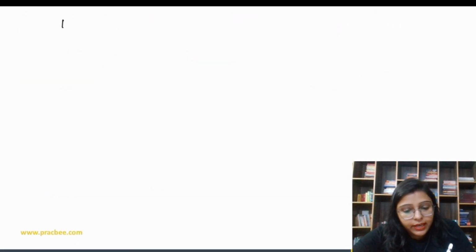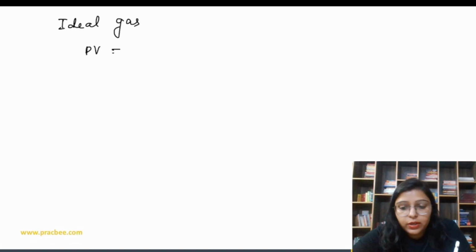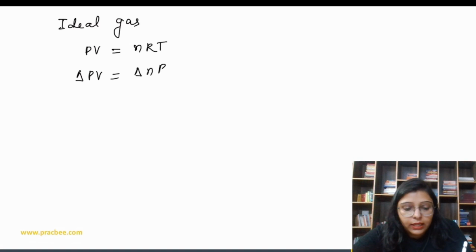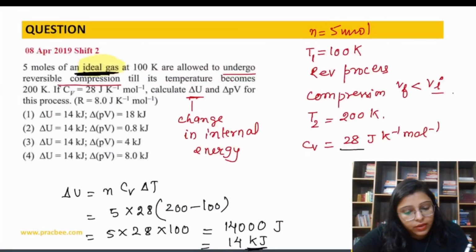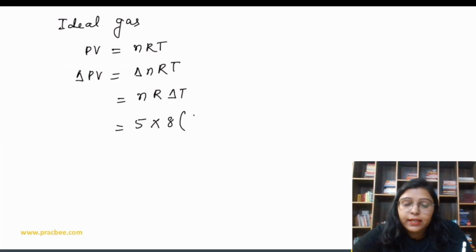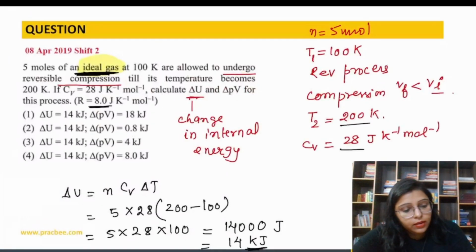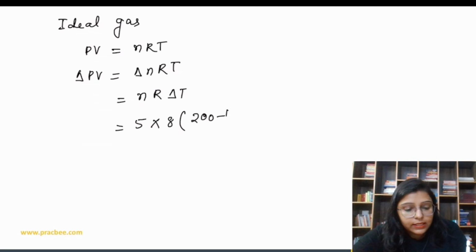So if we have an ideal gas, the equation is PV is equal to nRT, and delta PV is equal to delta nRT, or we can say nR delta T. So the value of n is 5, the value of R we take as 8, and delta T is 200 minus 100.